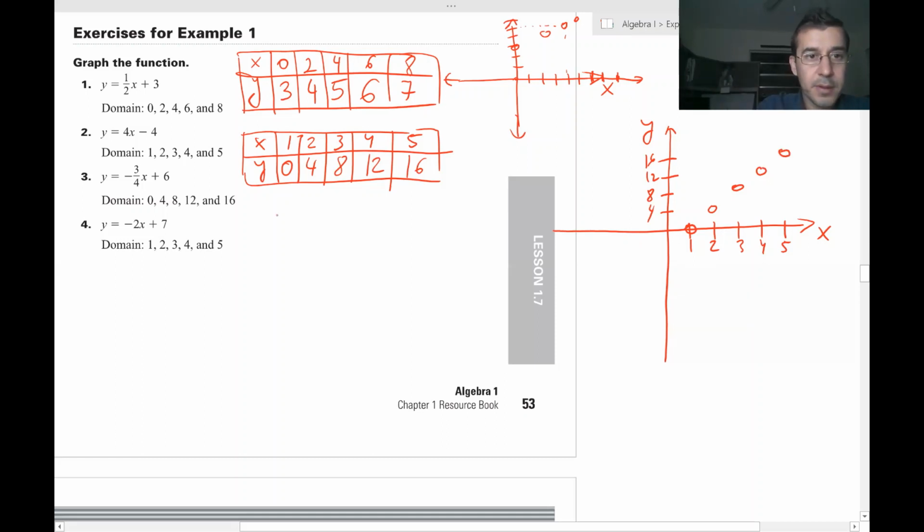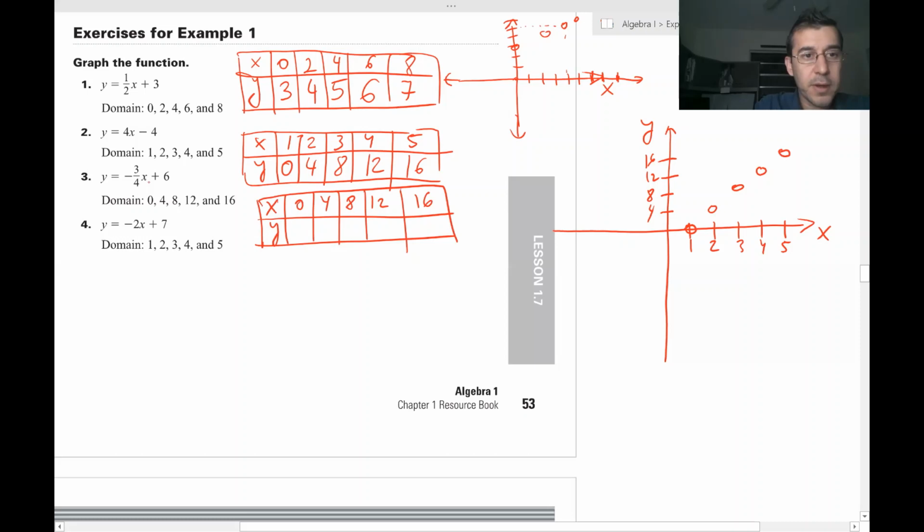Okay. Number 3, xy, 0, 4, 8, 12, 16. The function is minus 3/4 of x plus 6. When x is 0, 0 times any number is 0, plus 6 is 6.